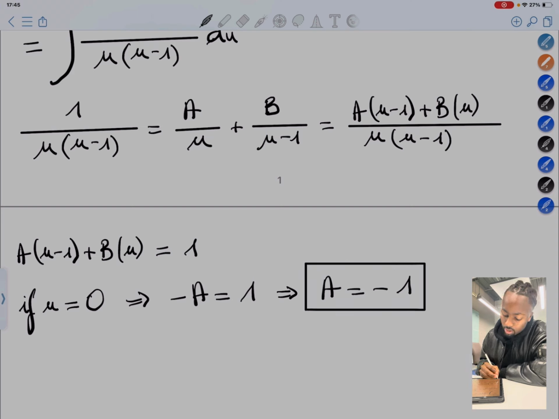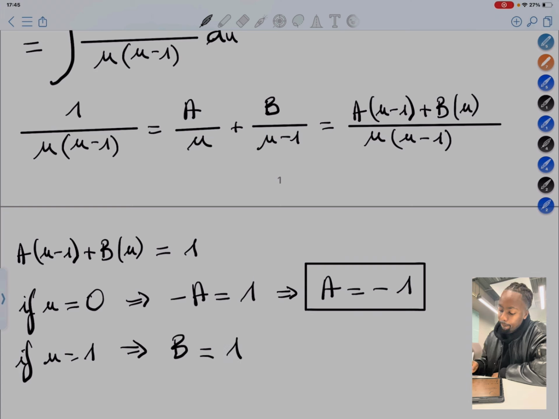Now if u is 1, basically this would be 0, right? So we're just gonna be left with b. So b would be equal to 1, basically.